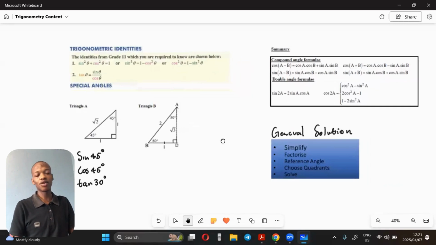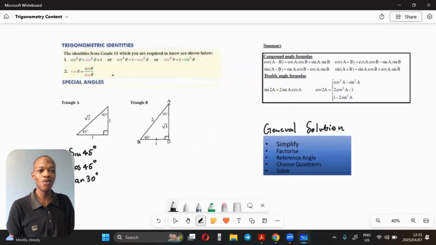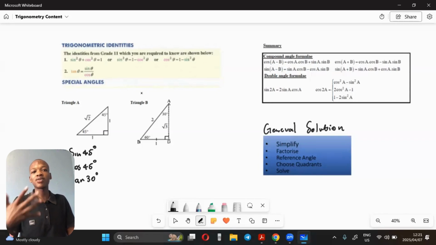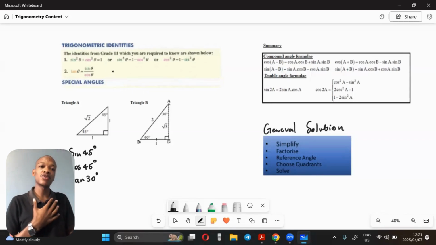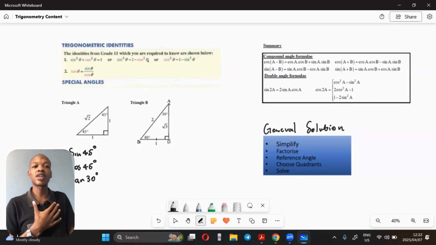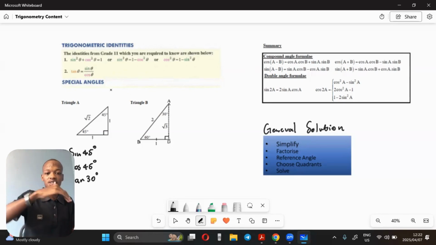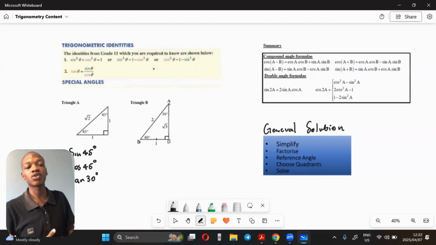Then again, trigonometric identities now. Make sure you know your identities. For identity number 1, whenever you see sine squared theta plus cos squared theta, that is equivalent to 1. You can also make use of that to identify an identity. For sine squared, you can just transpose cos from this one, and you'll have 1 minus cos squared theta.